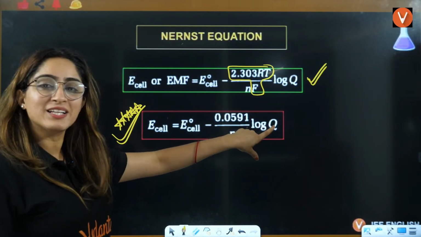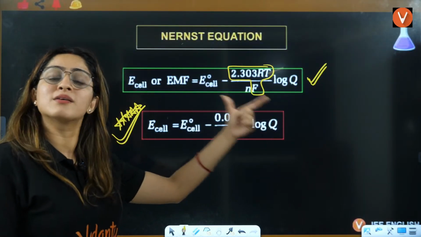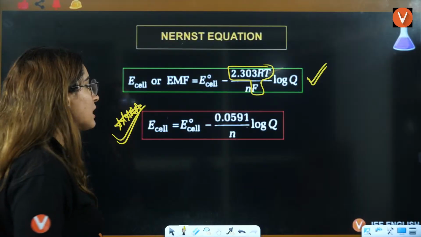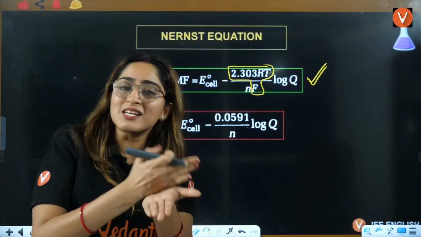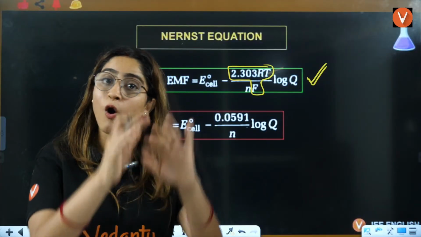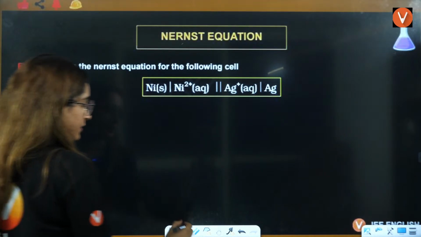To find the reaction quotient, you should know the product side and the reactant side. To find E naught cell, you should know which is cathode and which is anode. All these things you should be clear about, so that we will learn here.